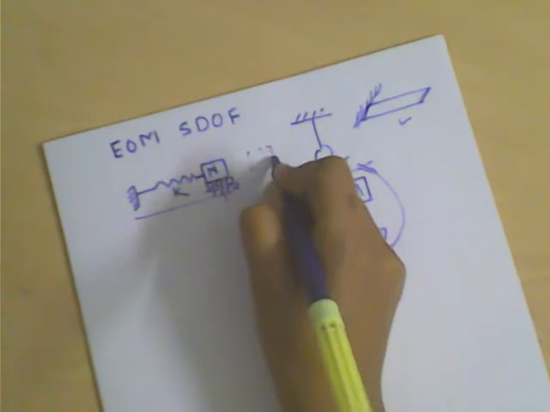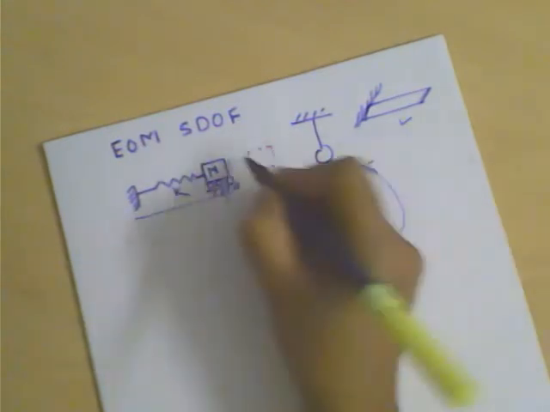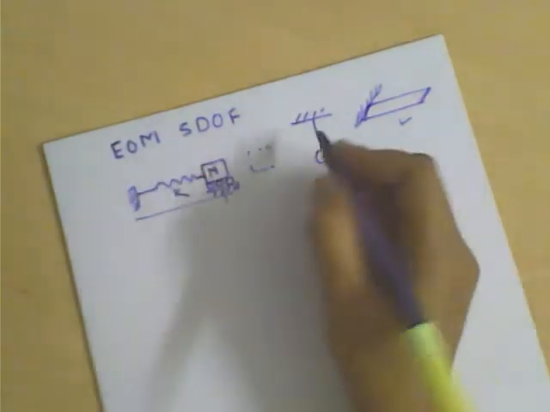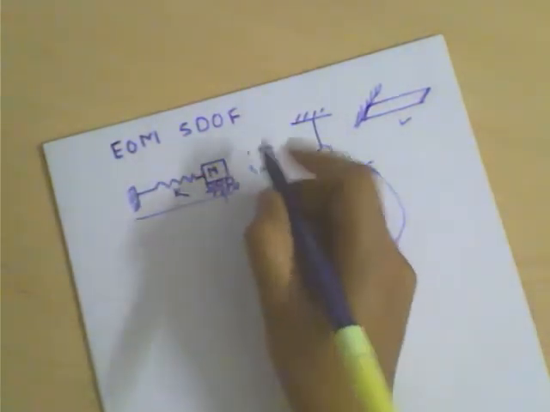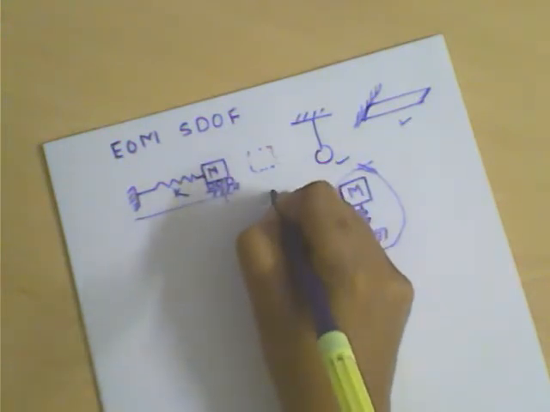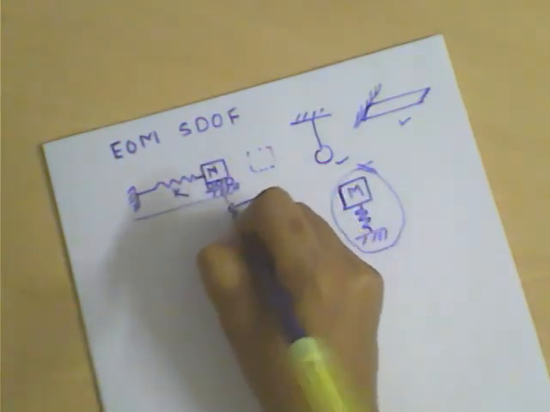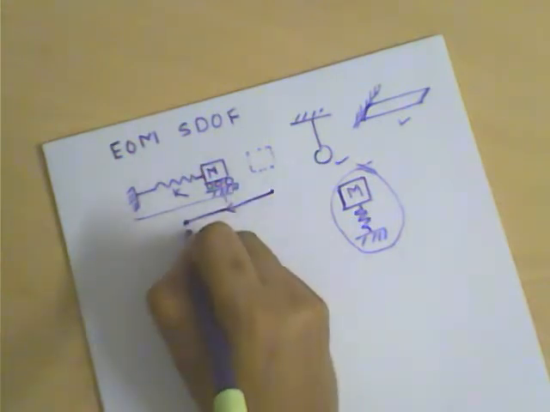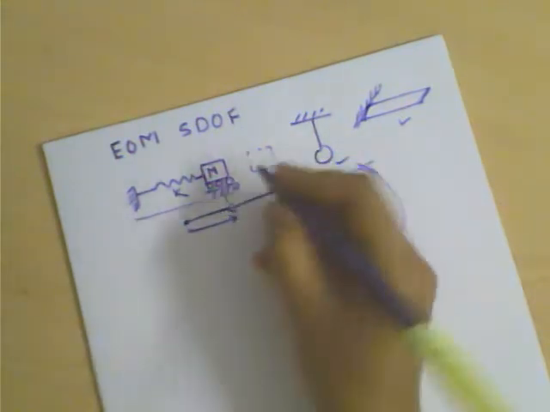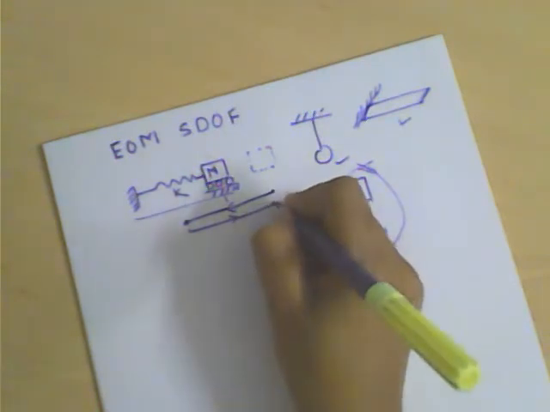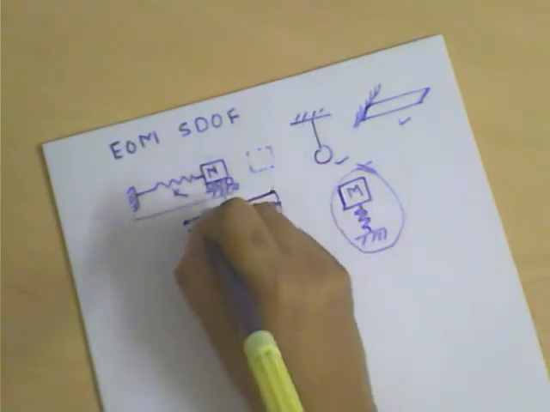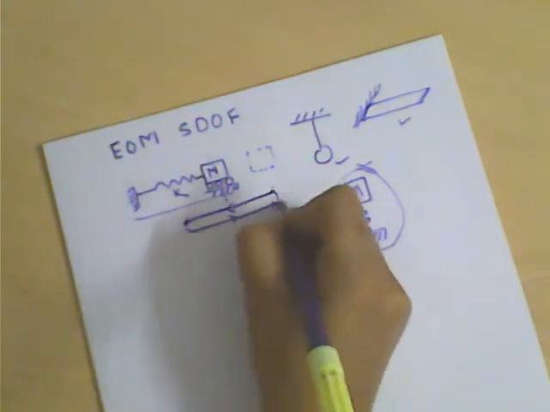Let's assume that you displace this mass block in this sense, and then you leave it. Once you leave it from this end, the mass block will try to come back to its equilibrium position, then shoot towards the other extremity. From there it will again come to the mean position, go back to the previous extremity, and return.